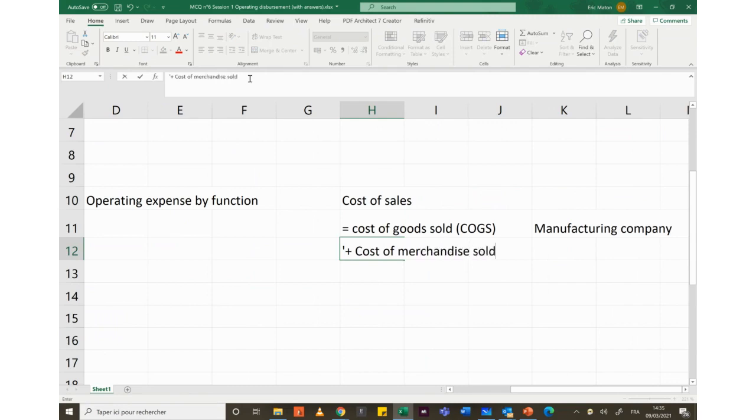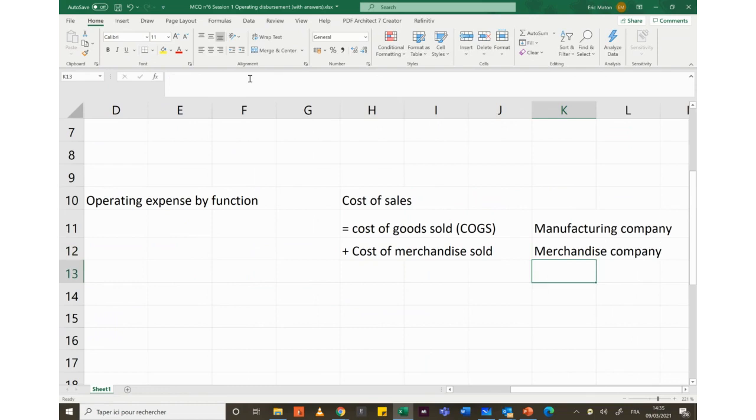It means you don't transform the product. You are a merchandise company. You purchase something and you sell it without transformation. Plus the direct cost of services rendered. So here you are a service company.